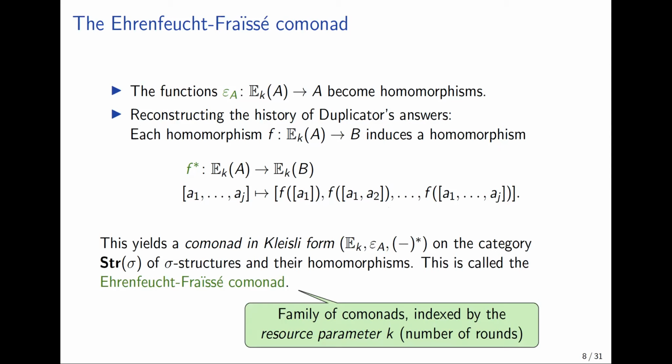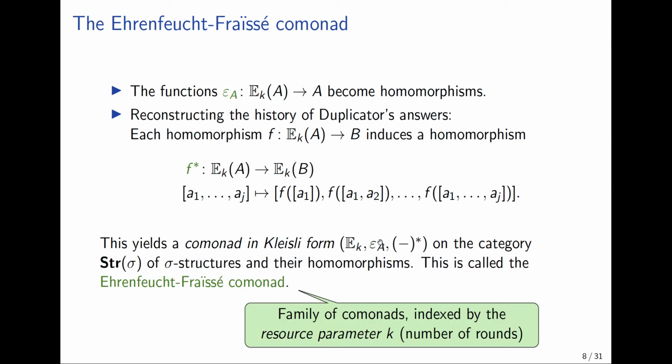So you may be more familiar with the definition of comonad in terms of an endofunctor with two natural transformations like counit and comultiplication. This is an equivalent way of presenting a comonad. So what I'm omitting here is that in order to be a comonad in Kleisli form, there are some equations, I believe three of them, that should be satisfied. And they're very simple to state and very simple to verify in this case.